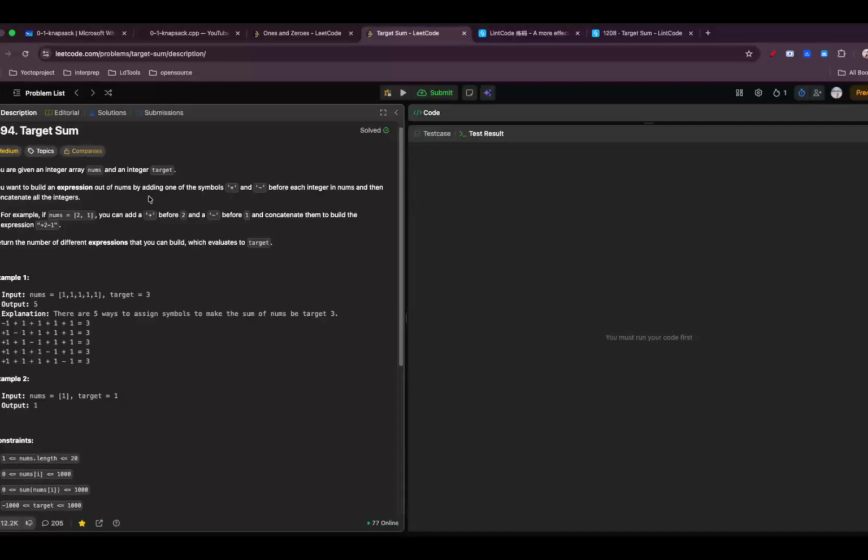Again, it becomes a two-way thing only, either you add or you subtract. So it becomes a tweaked form of 0 1 knapsack, either to choose this particular or not to choose this particular.